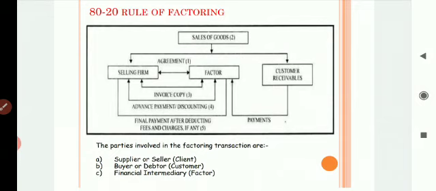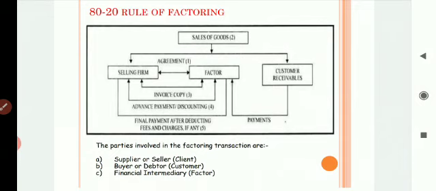The buyer, that means the customer, who is going to give you the bills and the funds later on. Then the financial intermediary, from where you're getting your accounts receivables funded. So this is the factor.